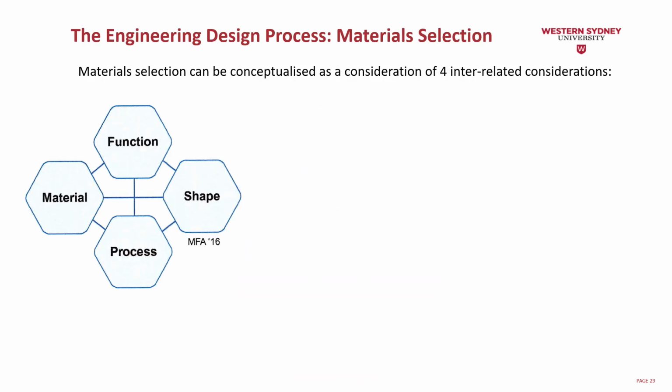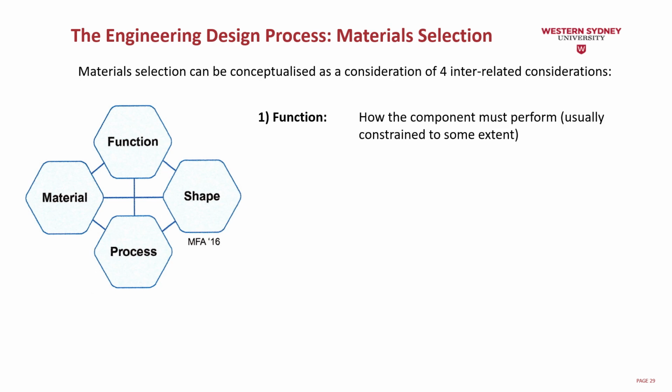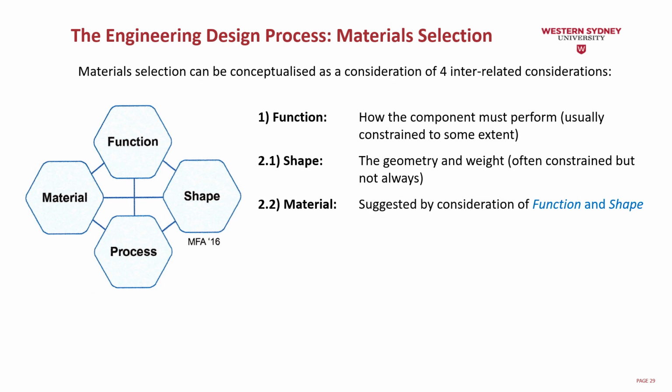So material selection can be conceptualized as a consideration of 4 interrelated considerations. First is the function: how the components must perform, usually constrained to some extent. Second, the shape, where the geometry and the weight are often constrained but not always.